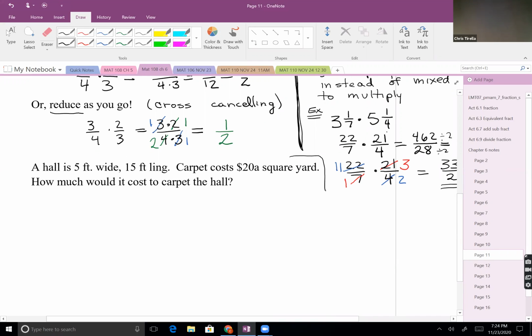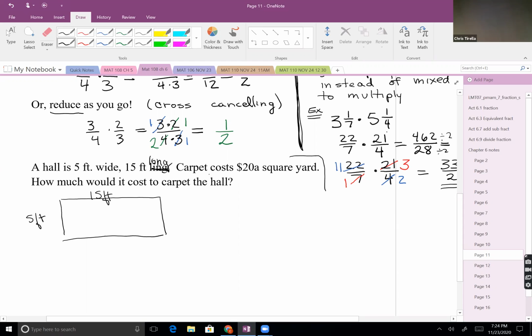And so we've got a, oh, that shouldn't be Ling, that should be long, shouldn't it? Sorry about that. We've got this hallway that's 5 feet by 15 feet, and we want to carpet it.